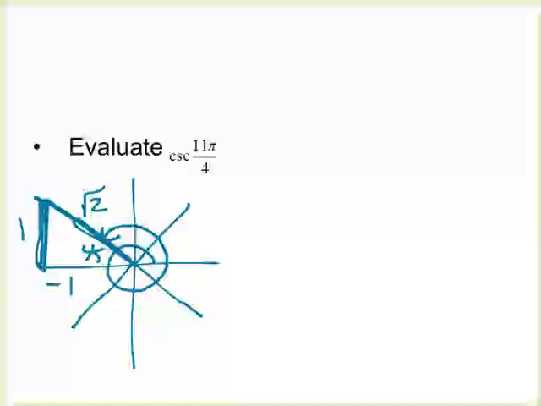So now we're going to do SOHCAHTOA, except we're asked for cosecant, and cosecant isn't a part of our SOHCAHTOA. We learned about cosecant yesterday. What is cosecant the reciprocal of? Sine. What's SOHCAHTOA for sine? Opposite over hypotenuse. So if cosecant is the reciprocal, what would it be? Hypotenuse over opposite.